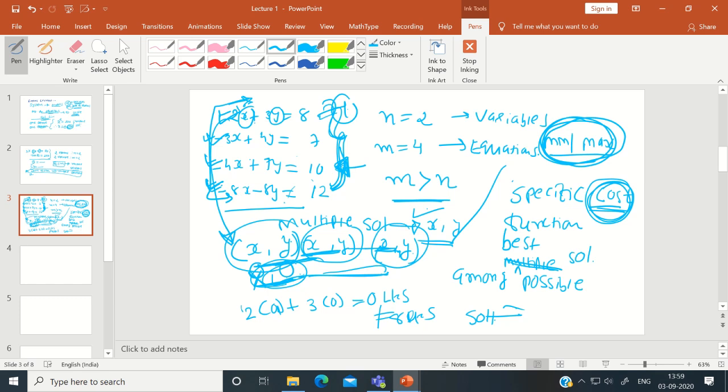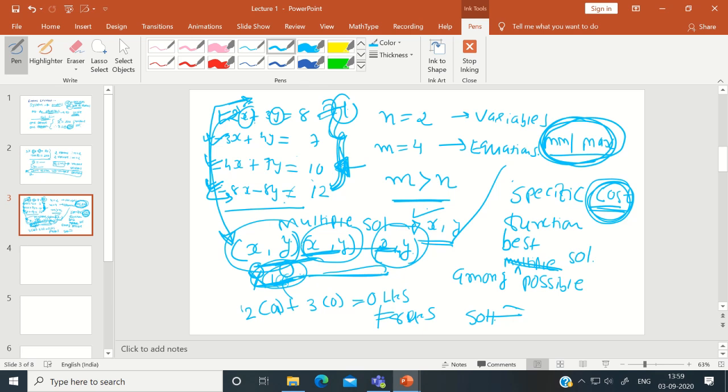Why? Because it does not satisfy, in this case, the first constraint. In generalized form, if the optimum answer does not satisfy at least one constraint, then it is not an optimum point.